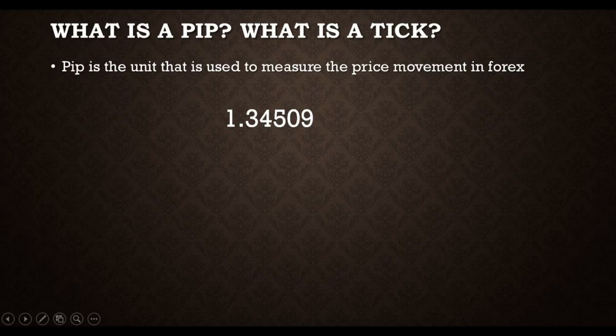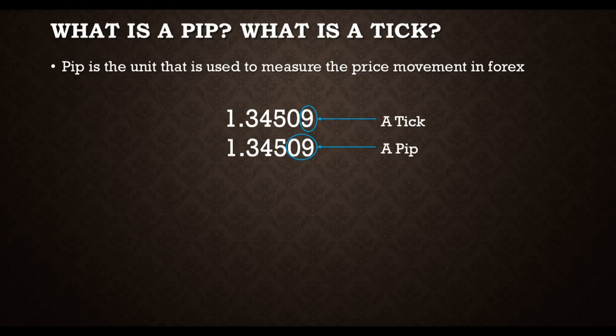In this price, you can see there are 5 decimal places: 1, 2, 3, 4, 5. In this one, the last decimal point is called a tick. The 5th decimal point, the last one, is called a tick. And the 4th decimal point, this one is called a pip.